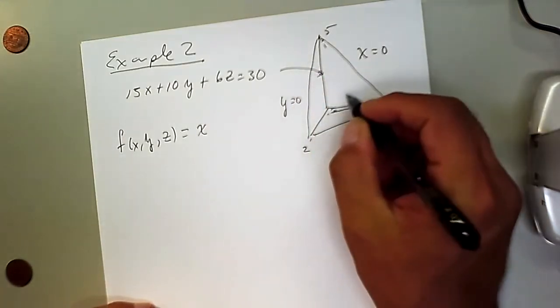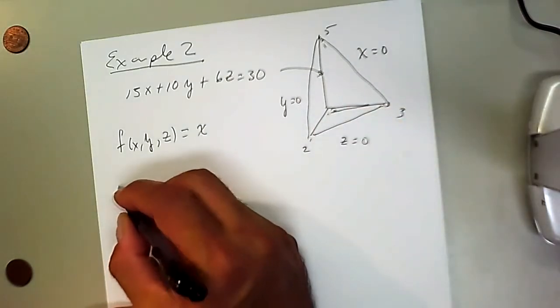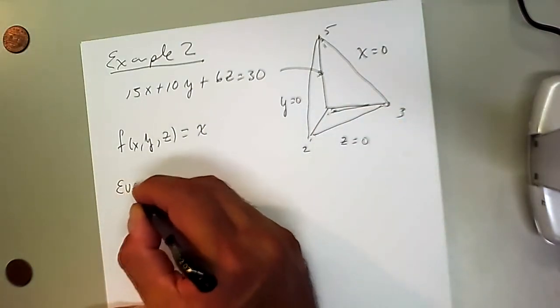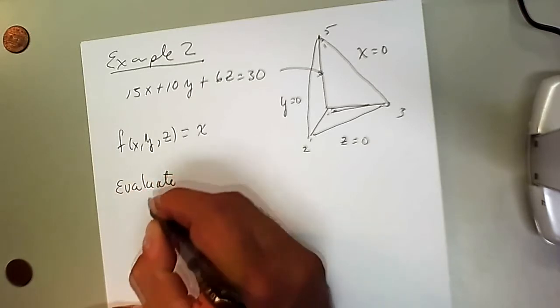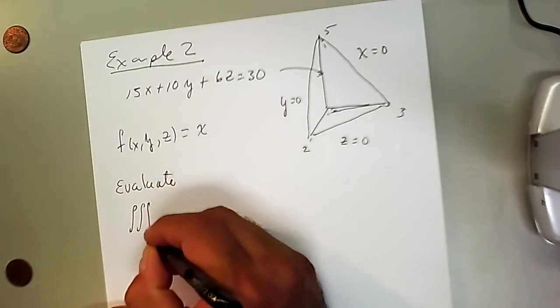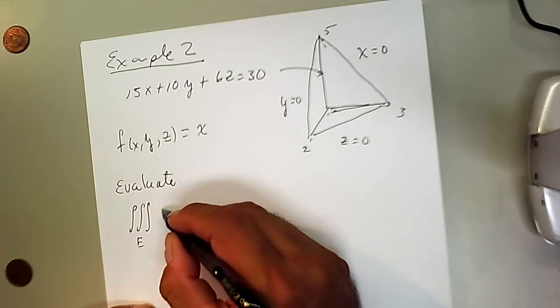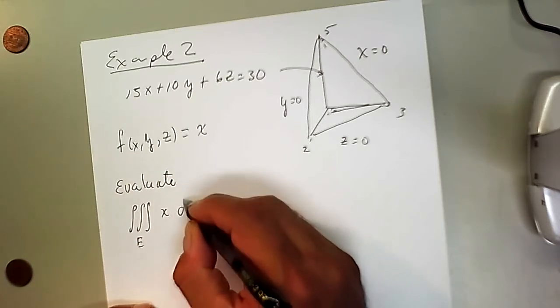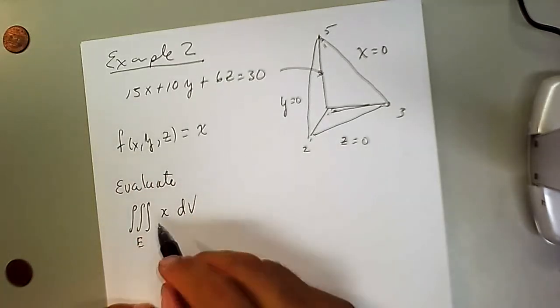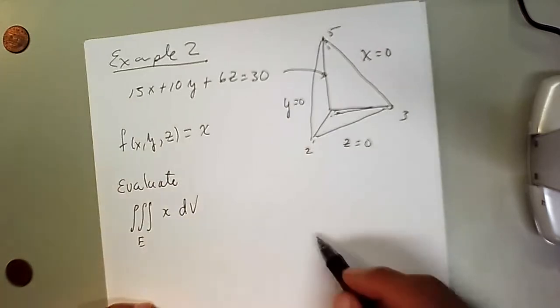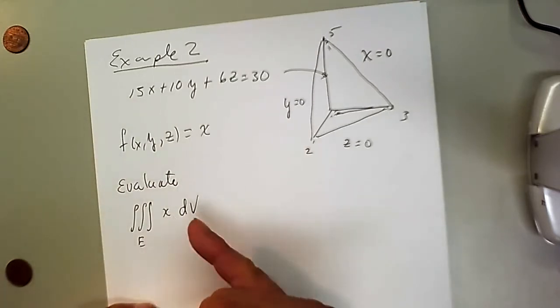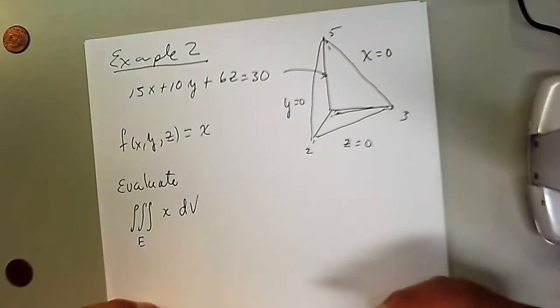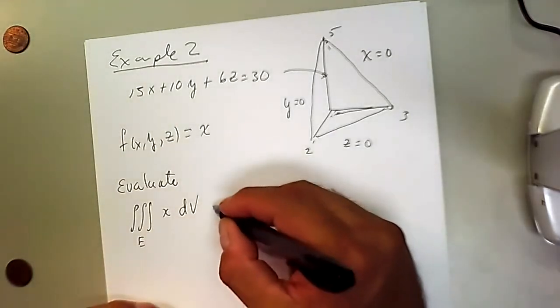We're going to label that as E. So we want to evaluate the triple integral over E of just x with respect to the volume. x is a nice continuous function, so we can use Fubini's theorem to rewrite this as an iterated integral. Okay, so let's do that.